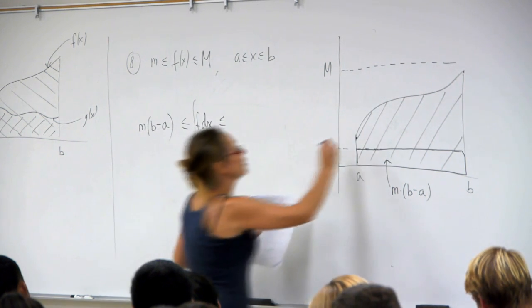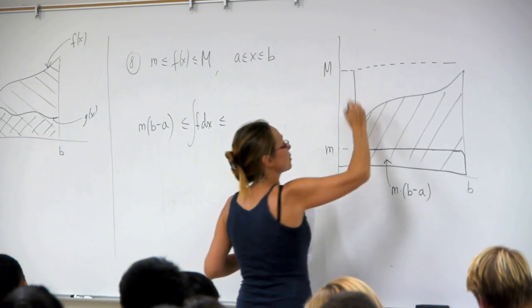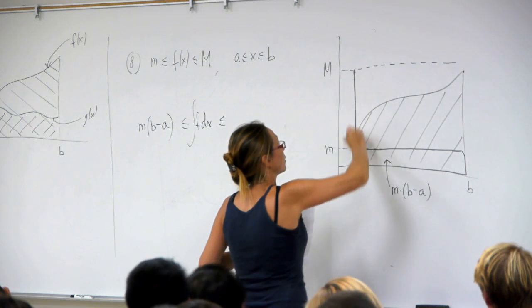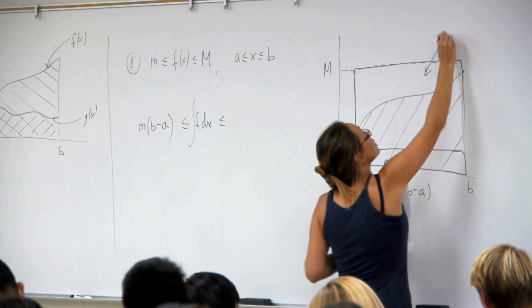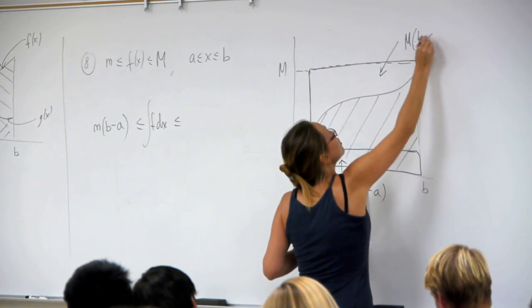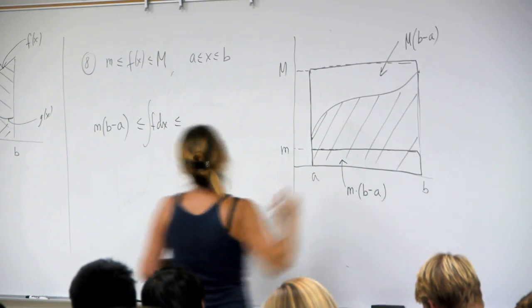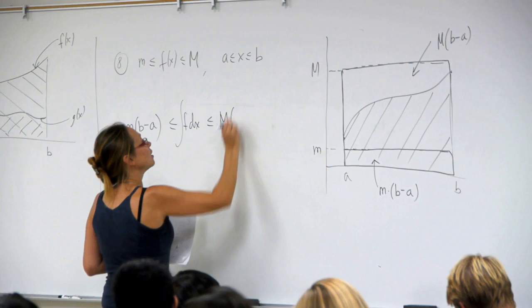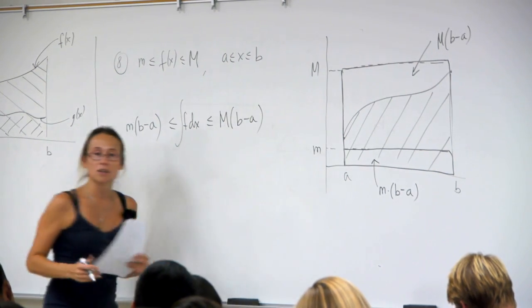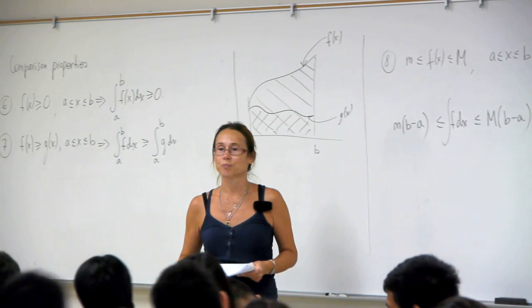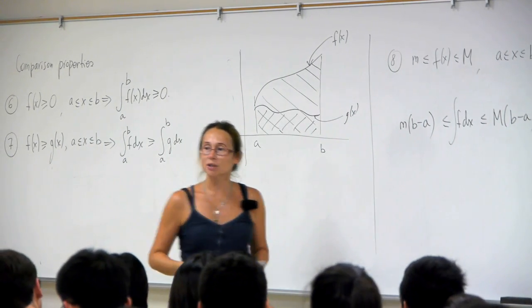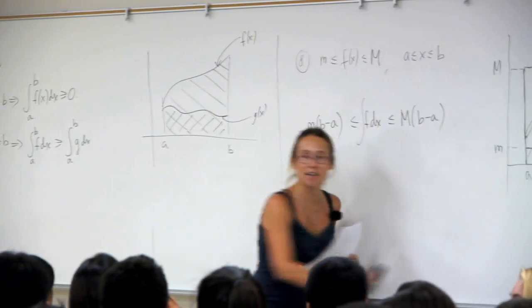On the other hand, let's consider the big box, this one. The area of this box is given by m capital times b minus a, and it completely contains the integral. So I can have this bound, the upper bound on the integral. So I will illustrate this with an example, and then I'll let you go. Okay?